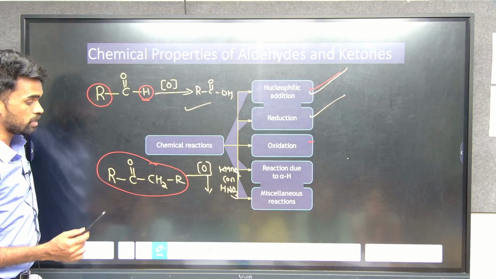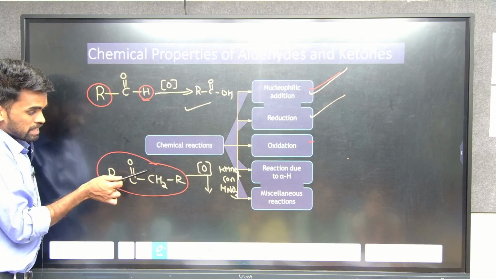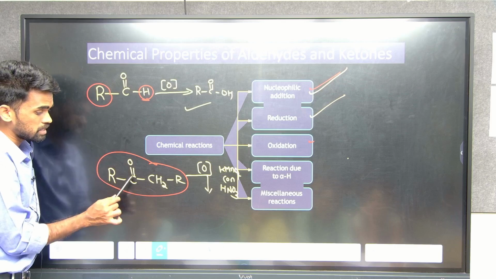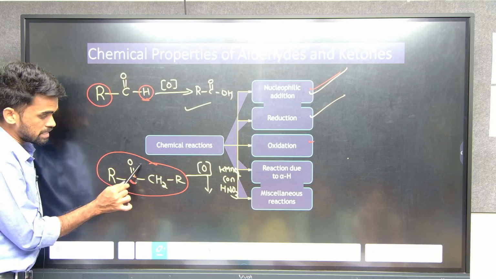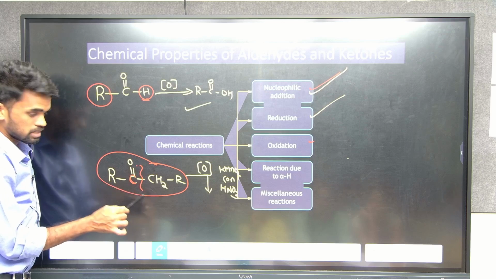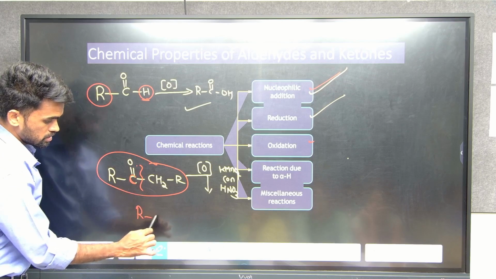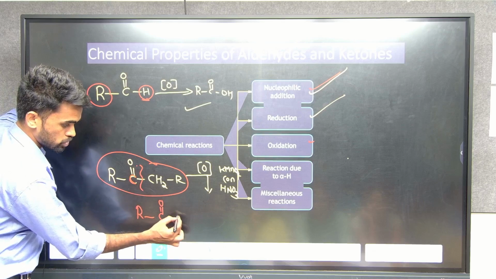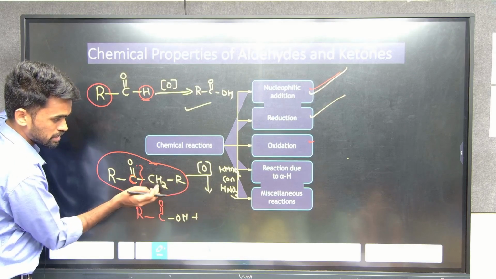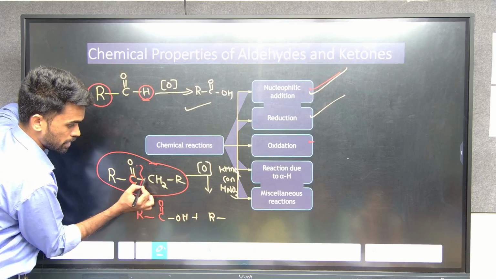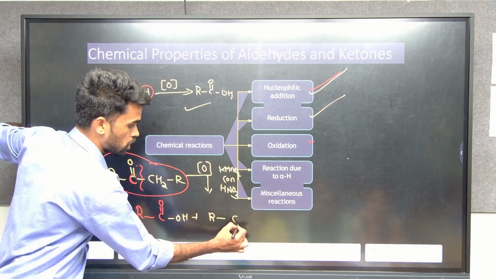Now what it will do is, cleavage of the bond takes place. Where? This carbonyl group is there, and adjacent to that the bond will break. When you break this bond, you insert an OH group on that side, and the carbon that broke is converted into carboxylic acid form.